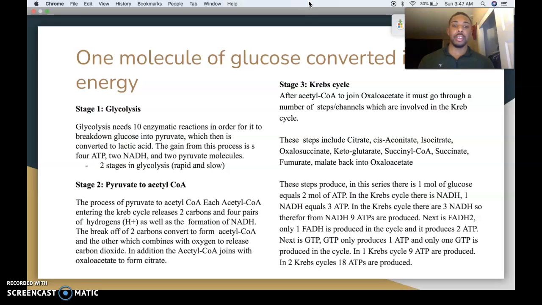Next is FADH2. Only 1 FADH2 is produced in the cycle, and it produces 2 ATP. Next is GTP. GTP only produces 1 ATP, and there's only 1 GTP within the Krebs cycle. In each Krebs cycle, 9 ATPs are produced, and since it has to happen twice, 18 ATPs are produced.